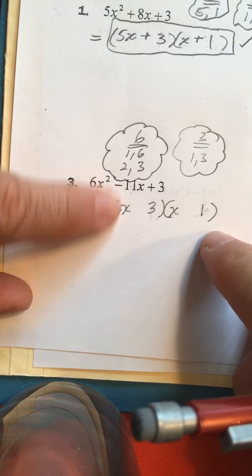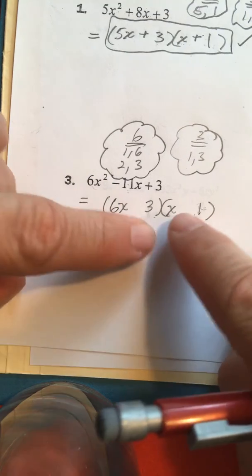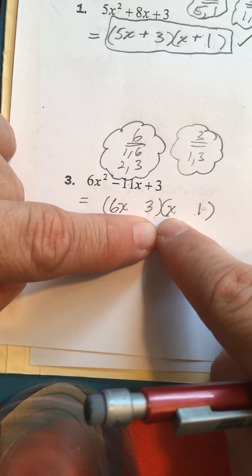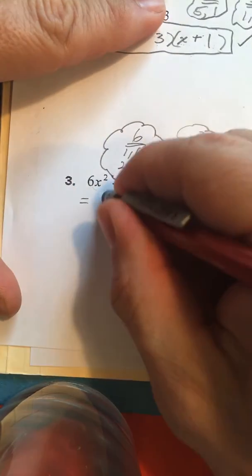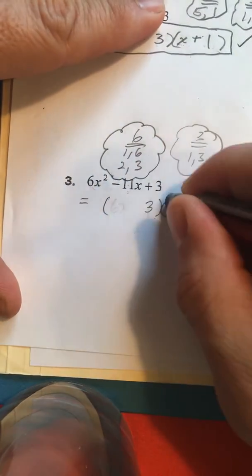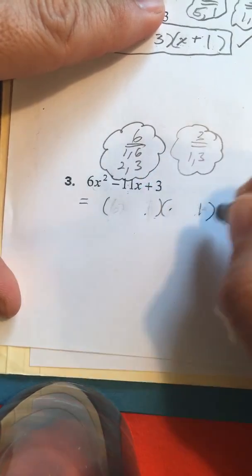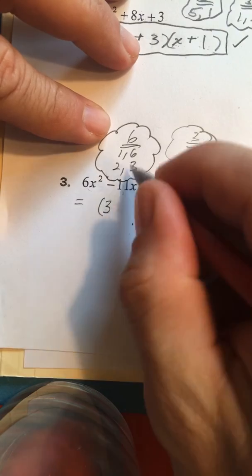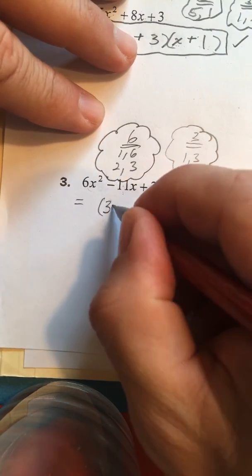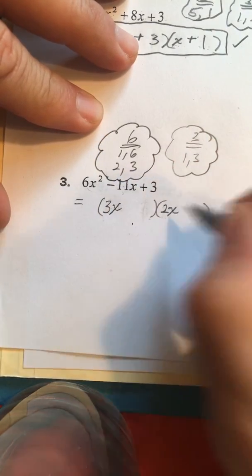Can I create a -11 with a 6 and a 3? A 6 and a 3? And the answer to that is no. So what that tells us is that 6x and 1x must not be the correct combination. It must be these other two, 3x and 2x.